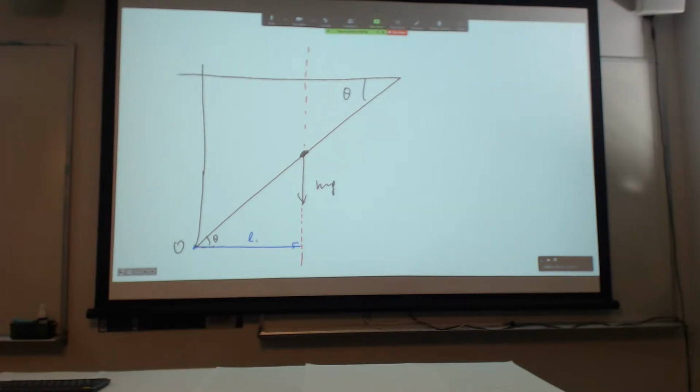This is the lever arm for mg. And, well, do you see any triangle you could use? Yeah, because you know the length of the hypotenuse is half of 2.3. Absolutely. This is this. So the lever arm now will be related to cosine.